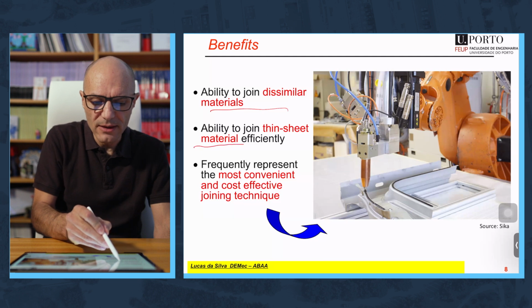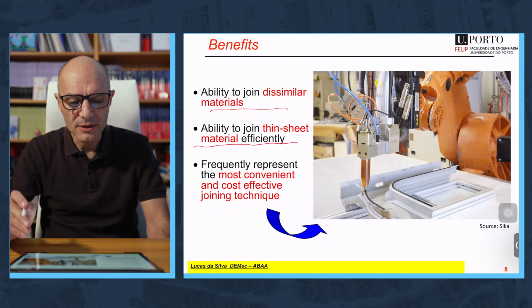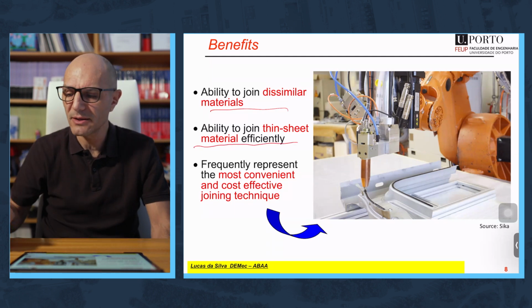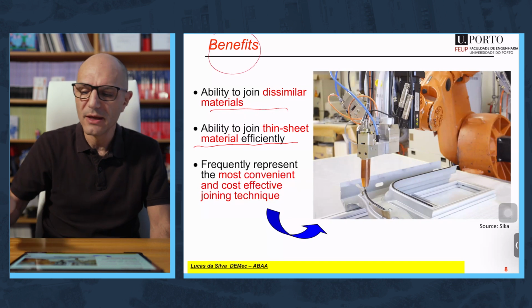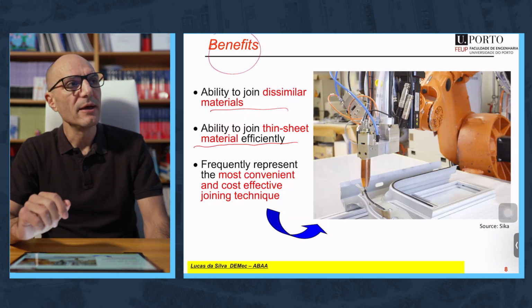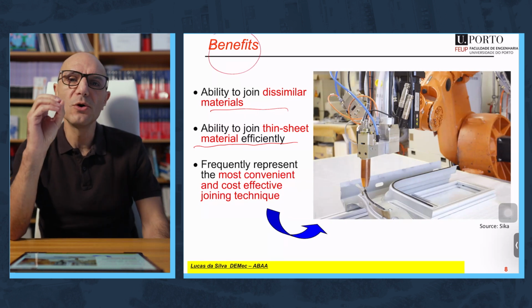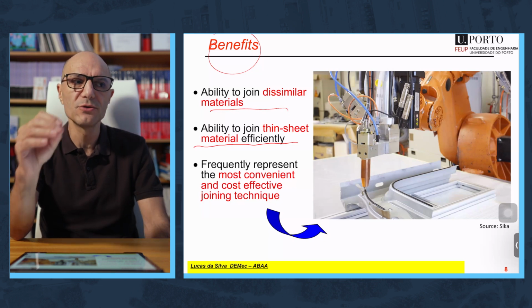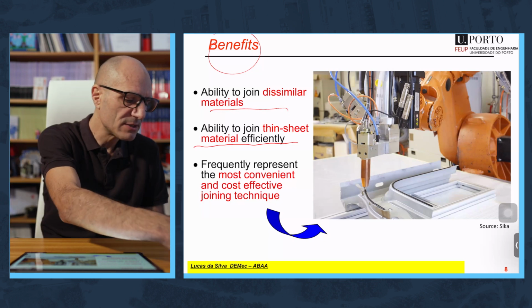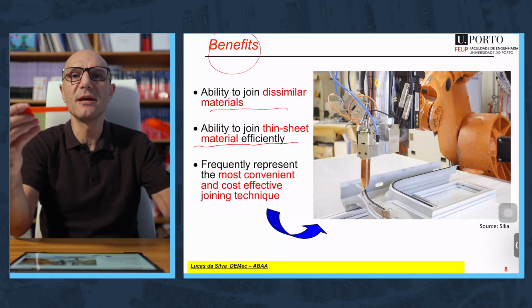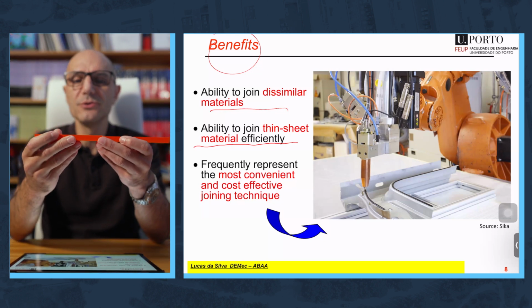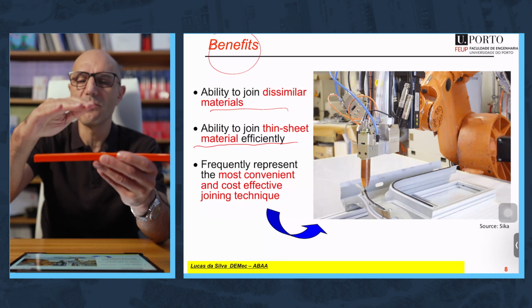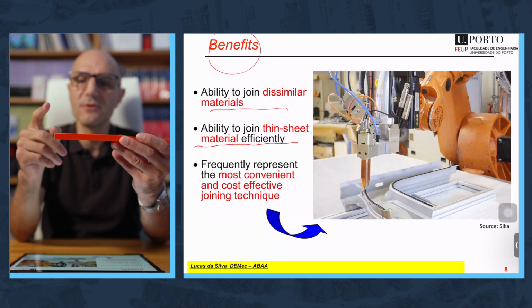Then it's able to join efficiently thin sheets. This is quite important. It's in benefits, but it could also be in limitations. We are not going to bond thick plates. We are always going to bond thin plates. What's the reason? If you use thick plates, I remind you that the strength of the adhesive is way lower than the strength of the plate.